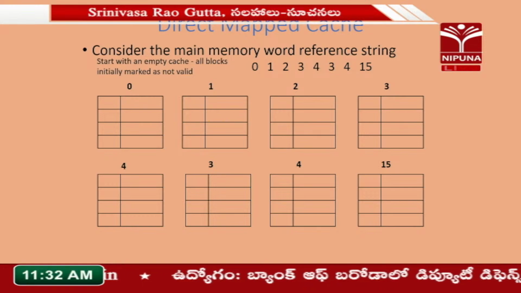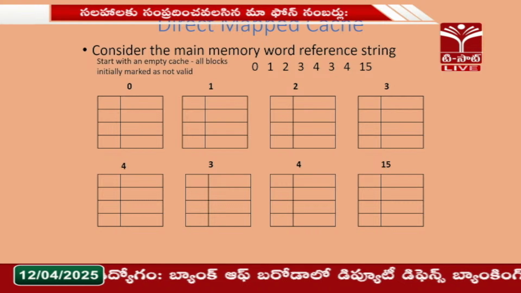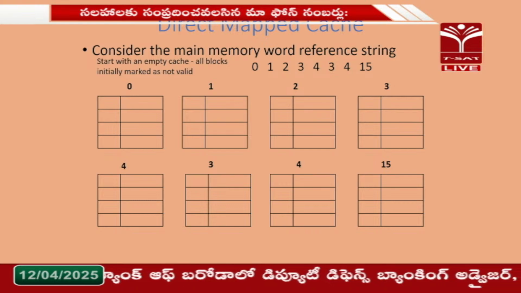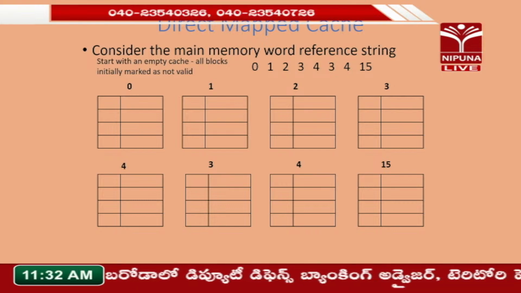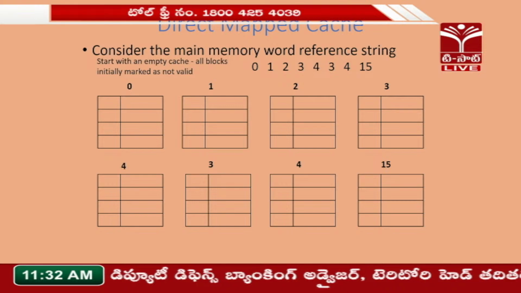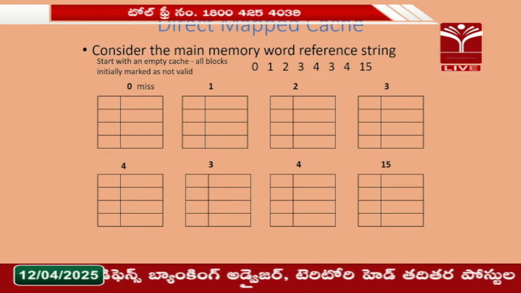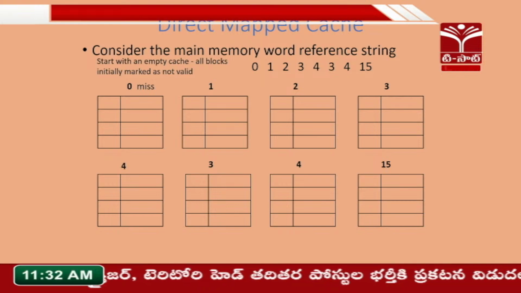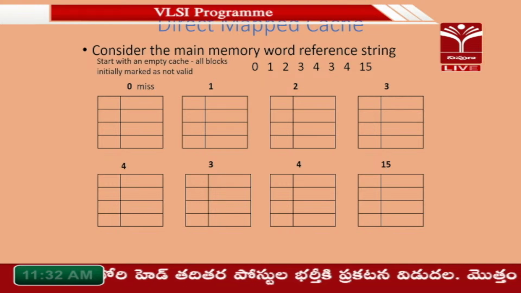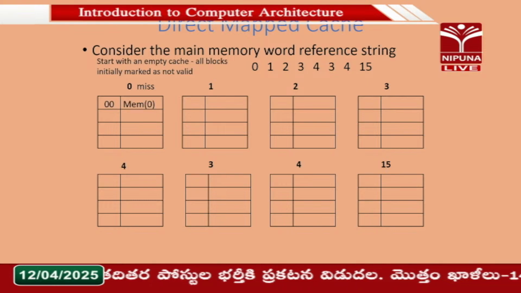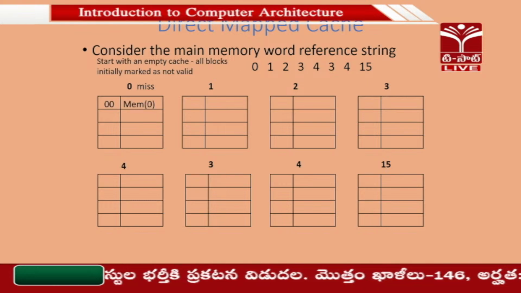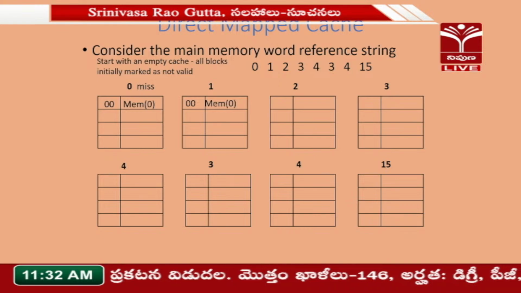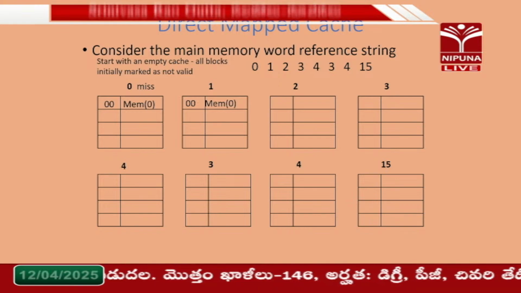So you have an empty cache, let's assume. You are starting fresh on this particular program, and you have to bring this data from memory into the cache. So when you start looking at the cache and try to access word 0, address 0, there is a miss, right? So once you have a miss, you bring in word 0 and go to the next one and try to bring in word 1.